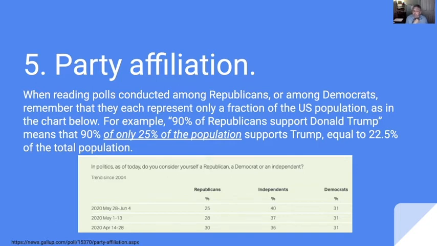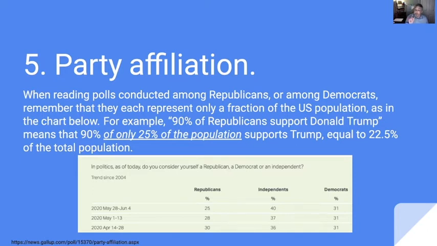So consider that when President Trump says he has a 98% approval rating with Republicans, well, okay, that's a 98% approval rating of 25% of the population, which is not much. And it would be the same if someone said that about the Democratic Party.